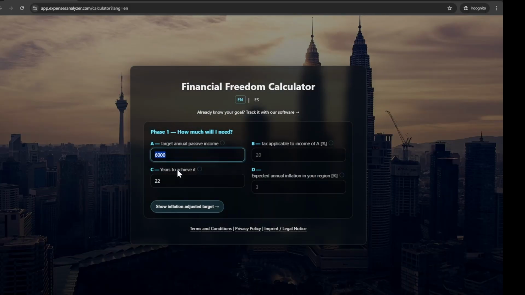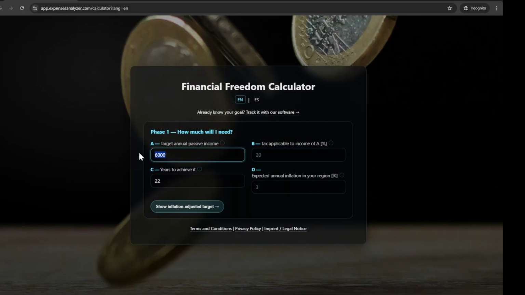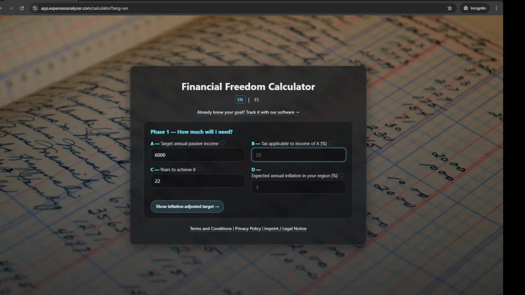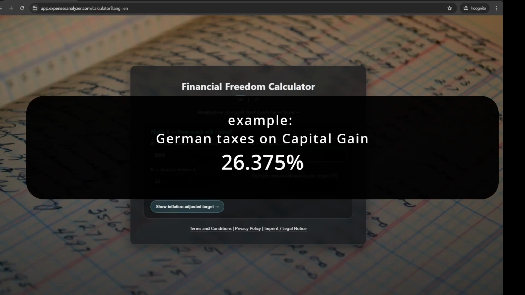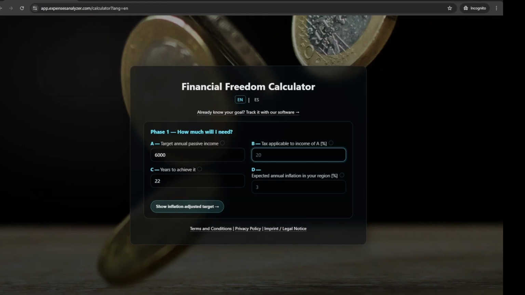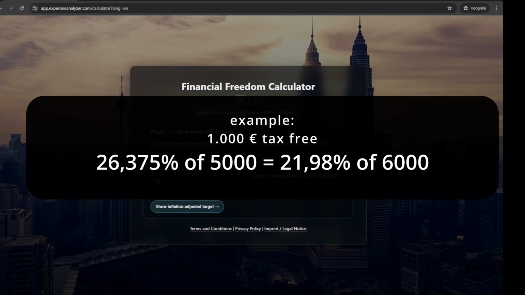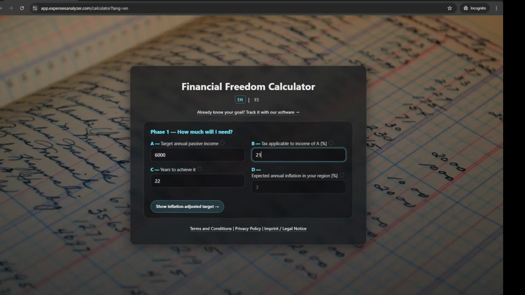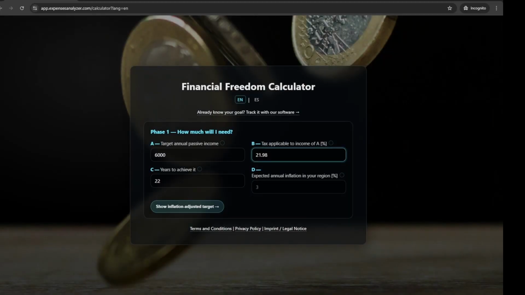Depending on where you are living, if you receive 6,000 euros a year or whatever amount it is, you will pay taxes on it. You need to put it here. If, for instance, in this example, we live in Germany, then in Germany it is 26.375%, but because the first 1,000 euros are not taxed, the actual rate will be 21.98%.